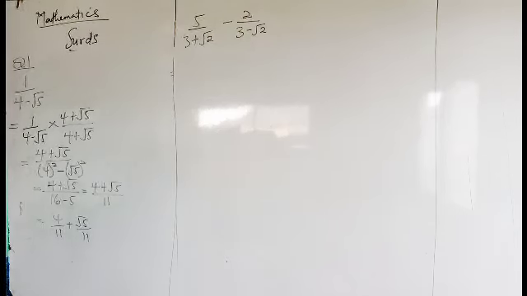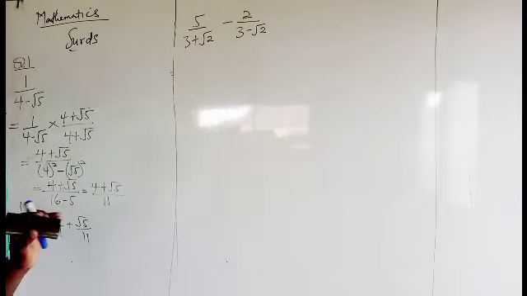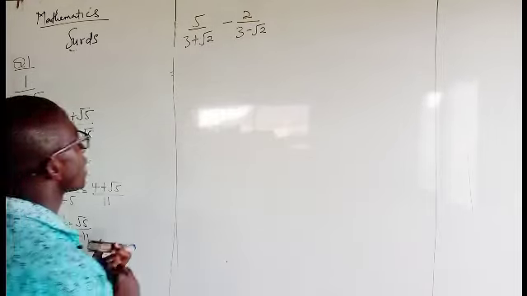Now this is a complex question. Yes, it's very complex. So this is what we are going to do. We are going to multiply both sides by the conjugate, okay?